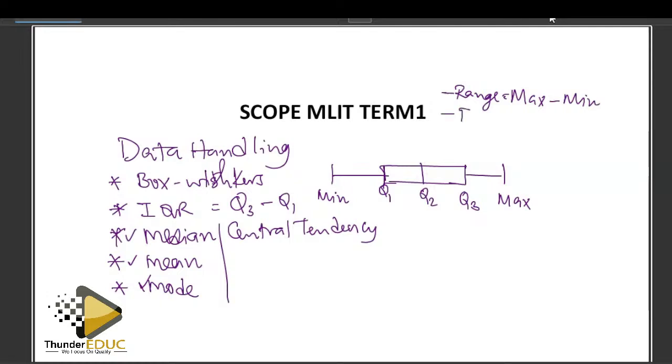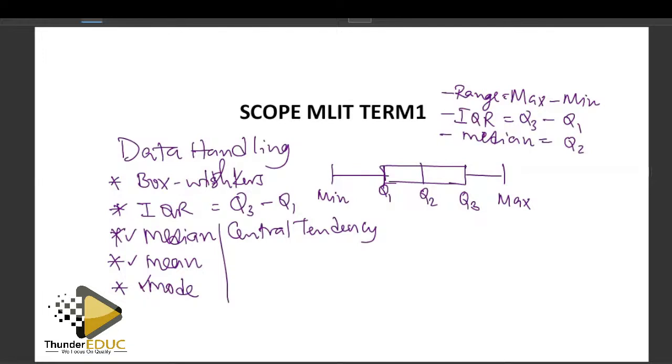I would expect to be asked the IQR, which is Q3 minus Q1. Another one is to state the median, which is always Q2. The other part is to explain the quartiles.